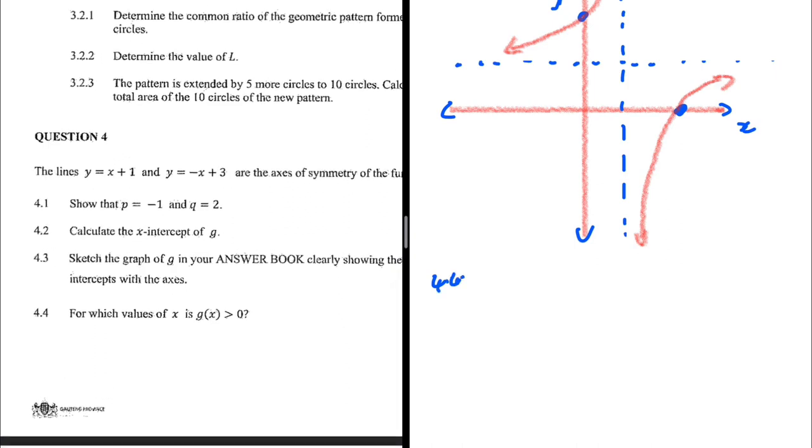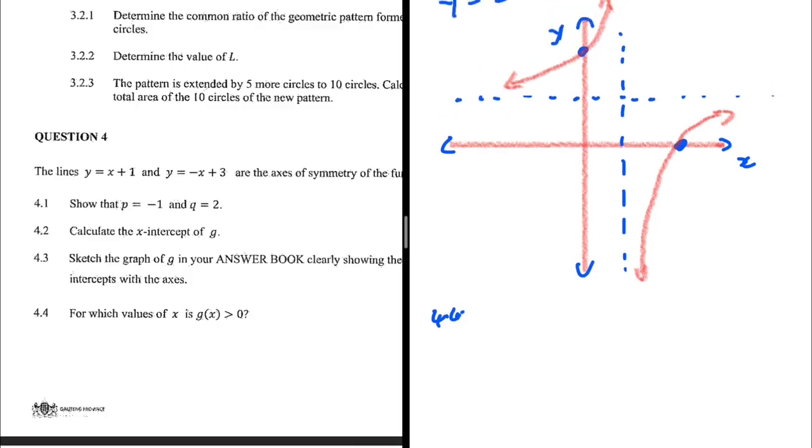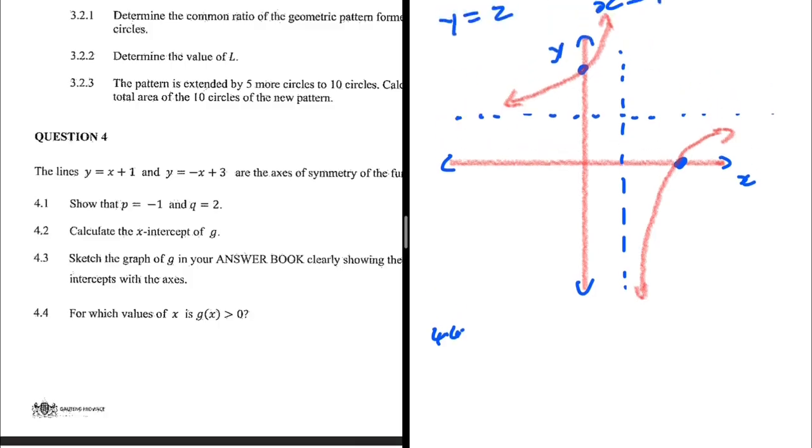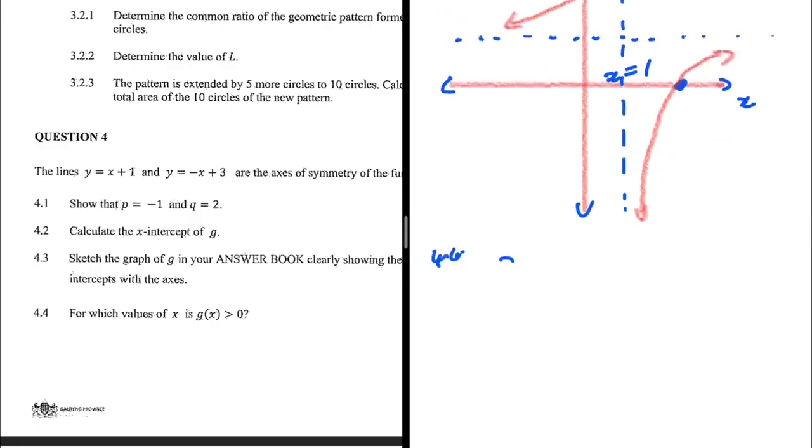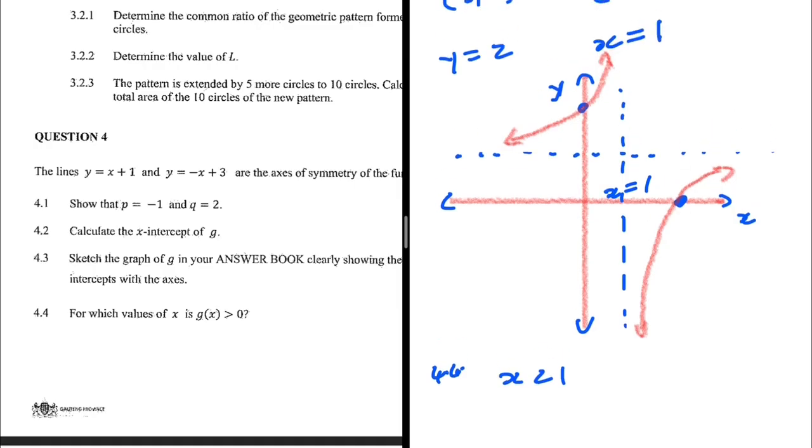4.4, for which values of x is g of x greater than 0. Okay, let's take a look. So here we have x is equals to 1, right? When x is less than 1, g of x is greater than 0. We can clearly see that from the sketch.